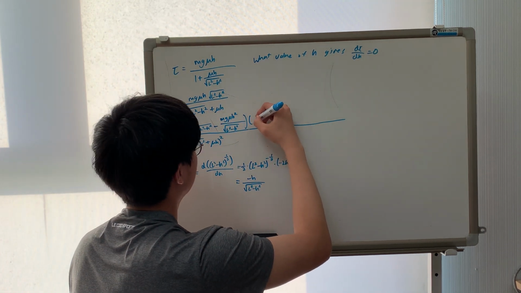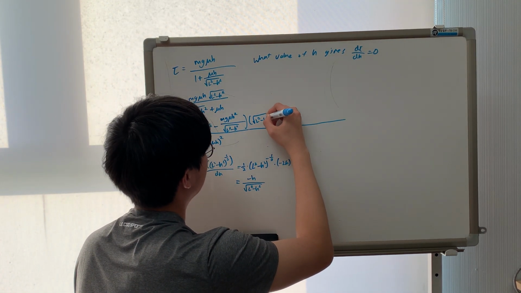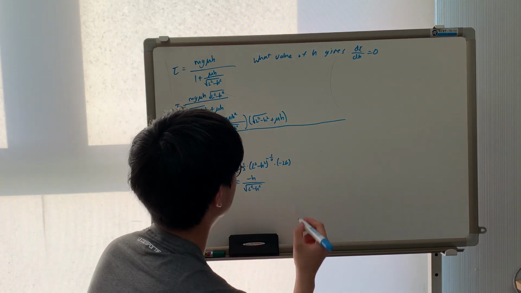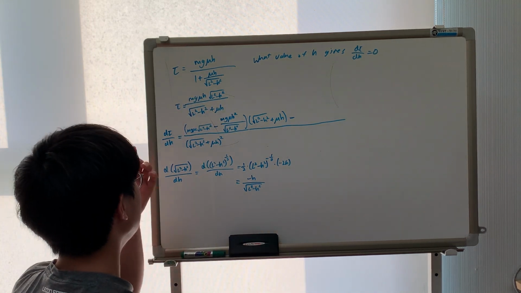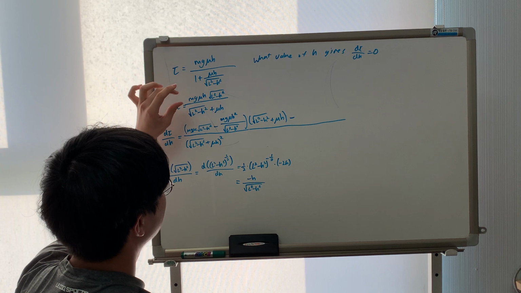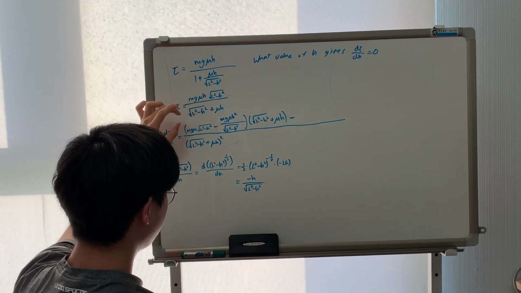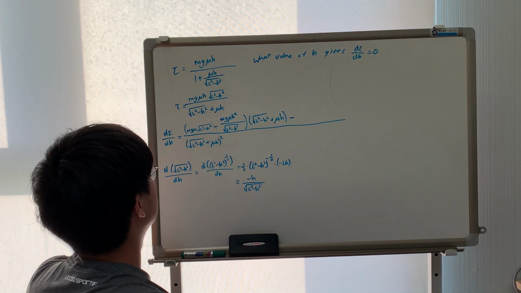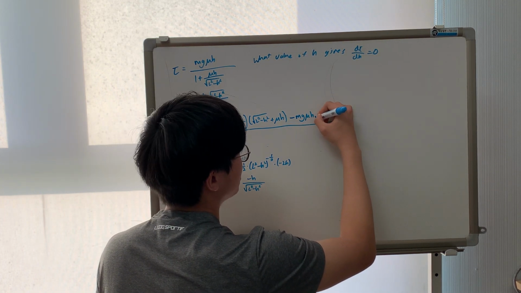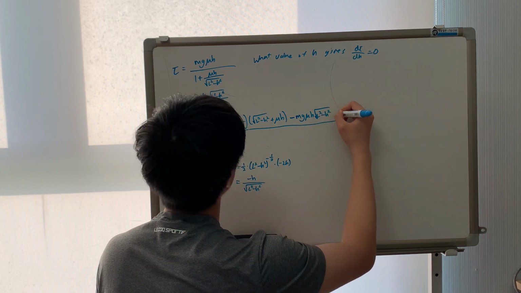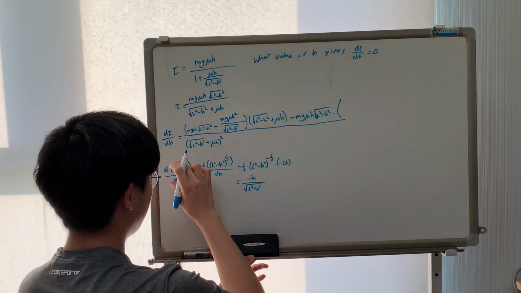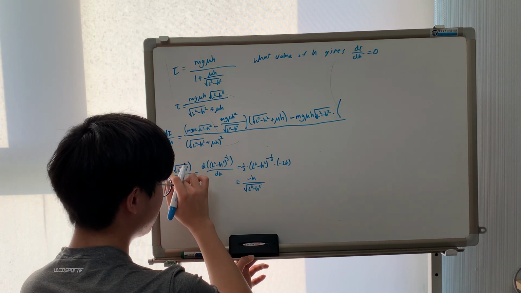And then we multiply the denominator as it is, according to the quotient rule. And then what we have to do is subtract the numerator times the derivative of the denominator, which is going to be mg mu h square root of L squared minus h squared times, well, we just said that the derivative of the square root of L squared minus h squared is that.